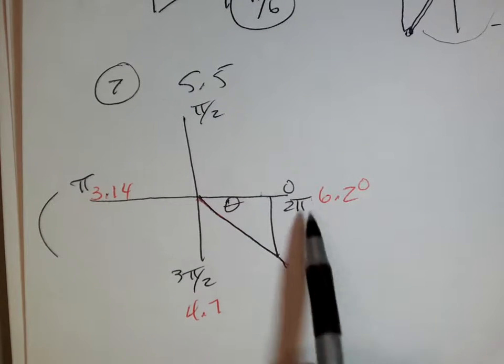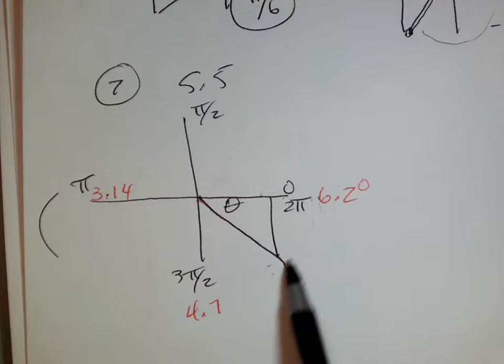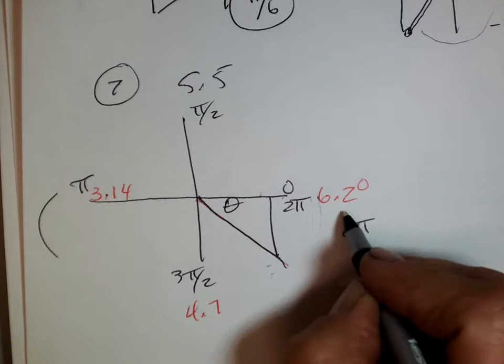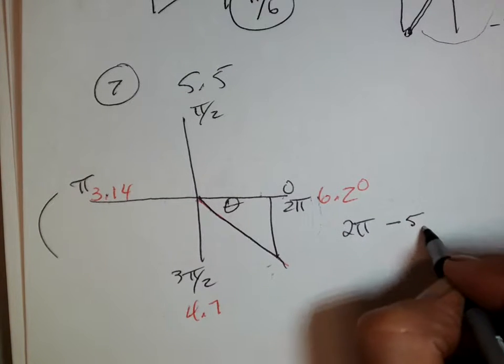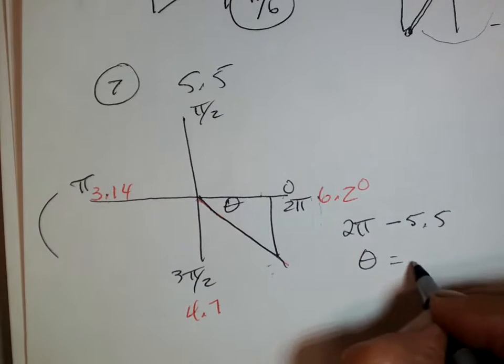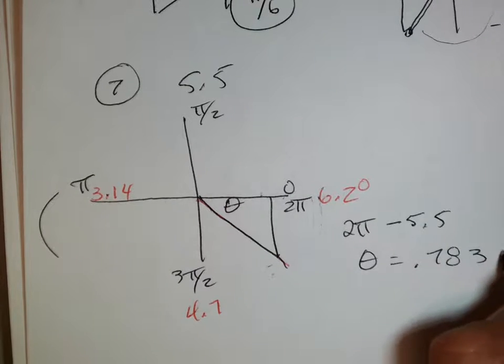So if I think about it, if I rotate all the way around to 4.7, then 5.5. If I keep going, I'd have 6.28. So to get the reference angle, let's take 2 pi and subtract out my 5.5, and I'll get my reference angle. 2 pi minus 5.5, and I get an answer of about 0.783, so my theta is about 0.783 radians.